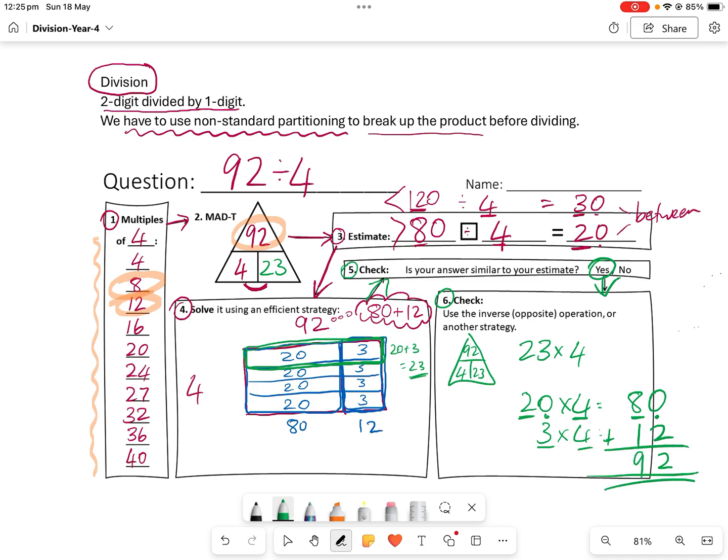It's 92. So my answer in my check goes with my product in the beginning. So that must mean that 23 is the missing number. So answer equals 23. All right, so 92 divided by 4 is 23. Yay.